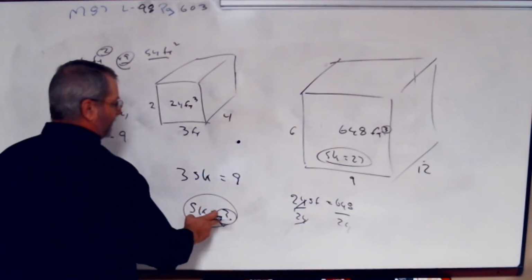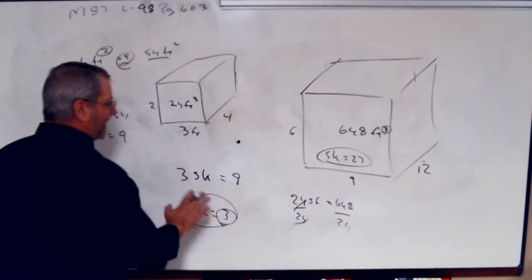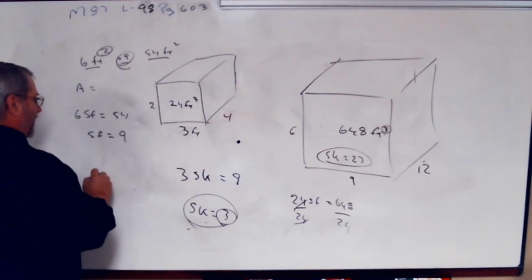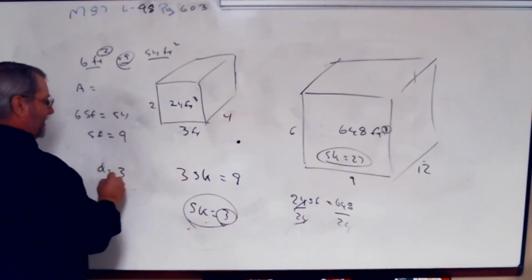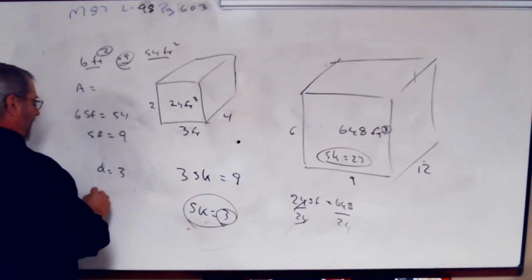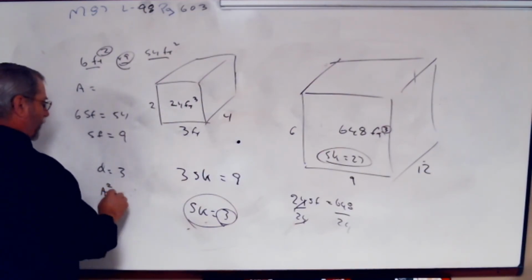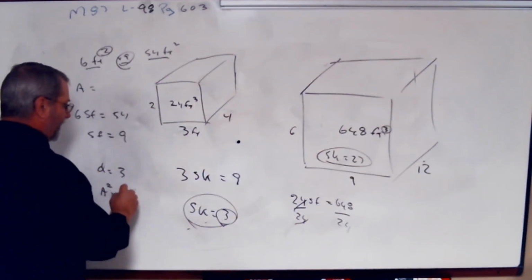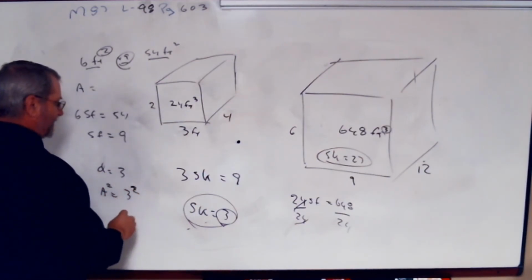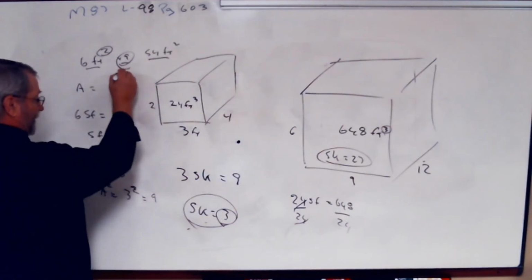So for area, since area is squared, distance is 3. That's the scale factor. Area is squared. If I take and square that, that's 9.